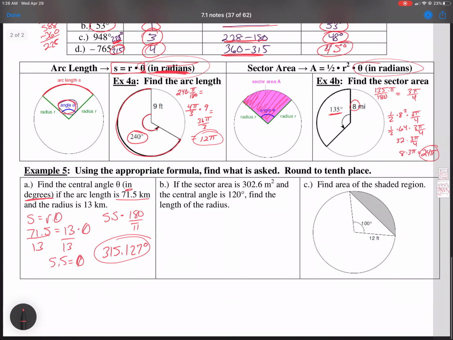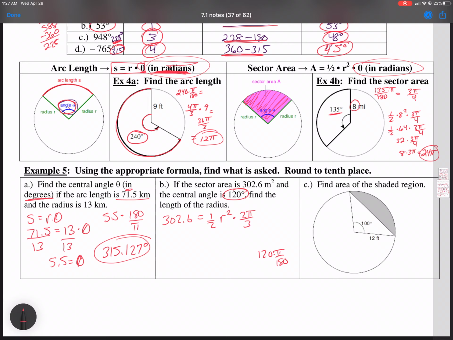So that means I have my area, 302.6 equals 1/2 r squared times theta, which is 120, but I need to convert it to radians. So 120 times pi over 180, and that's going to give me 2 pi over 3.